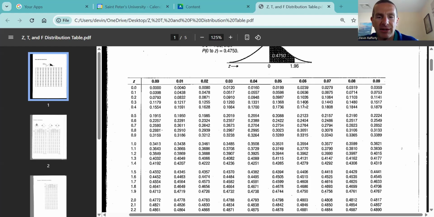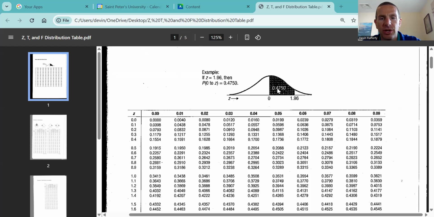If we match up 1.9 and 0.06, you get 0.4750. That is exactly what is right here. That's the answer.